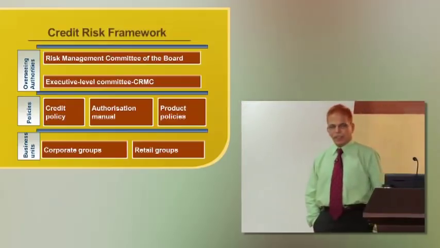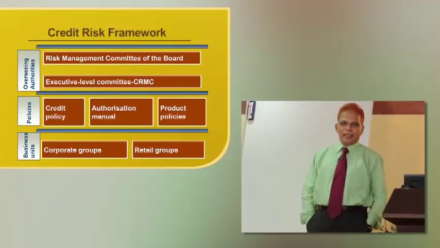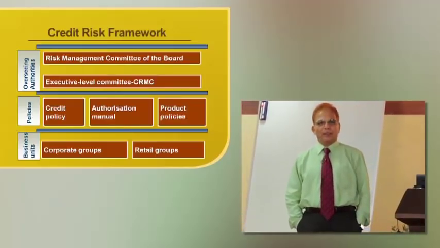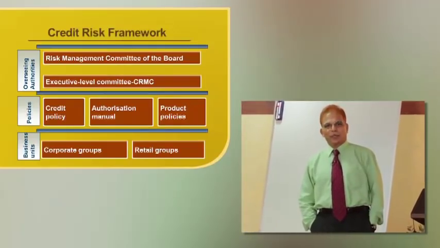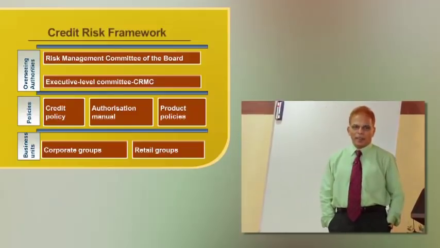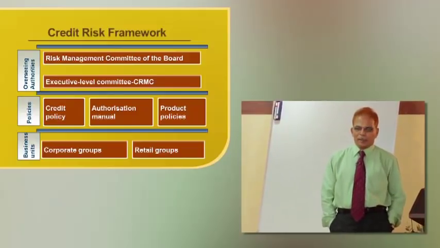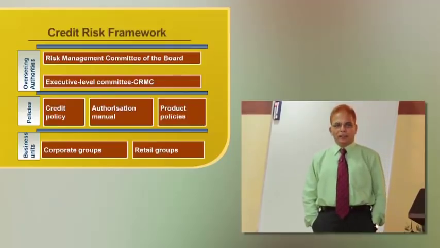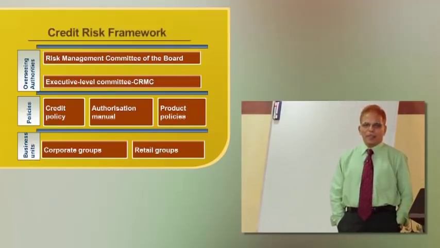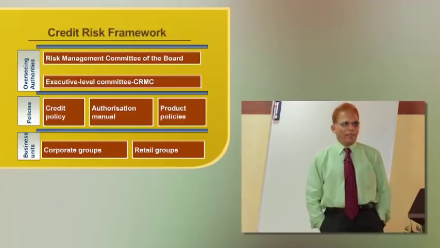As we said earlier, credit risk is something which the bank has to manage if it has to survive for long, because this is one risk for which the banks get the returns, and that is one of the major sources of income for the bank.